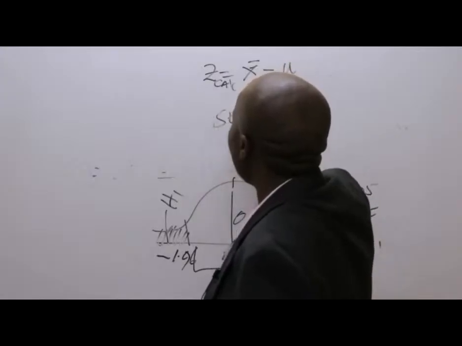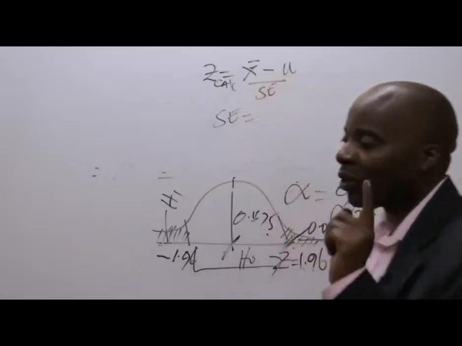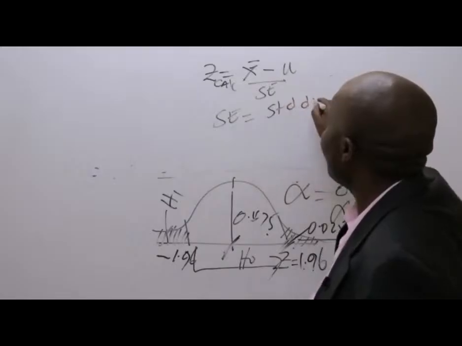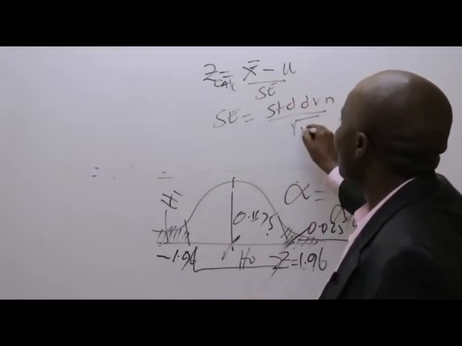And don't forget that to get the standard error for a single mean, we take the standard deviation given and divide it by the square root of n.